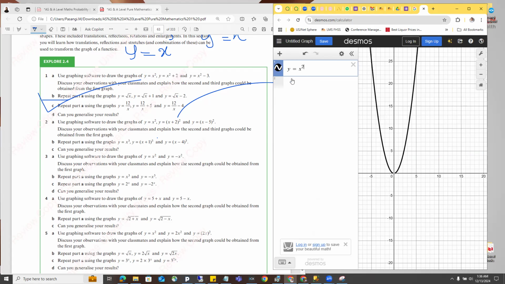Then the next one is y is equals to x plus. I'll draw these two here. Then here we have y is equals to x plus 2, and the bracket I'll put like this, x plus 2 squared.